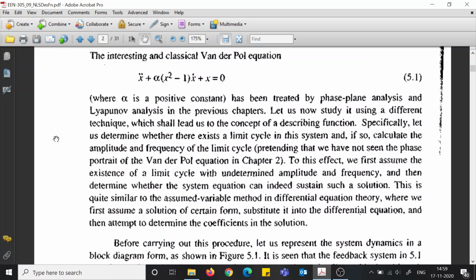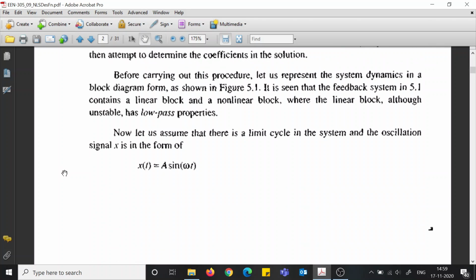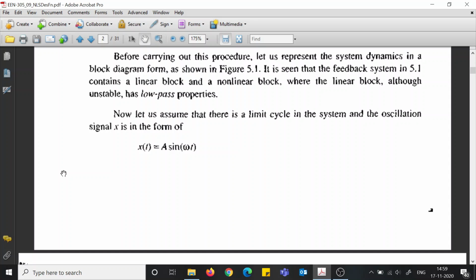So in case of any periodic input, we can also have an understanding that the output would be periodic in nature. However, this does not go on to say that for a sinusoidal input, the output will also be a sinusoid. No, it is not so. That is true for a linear system.